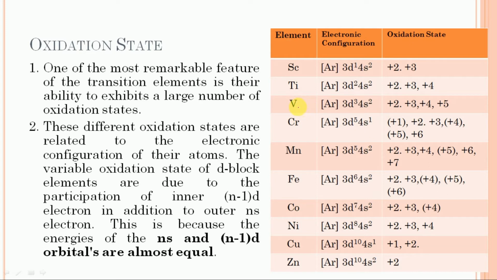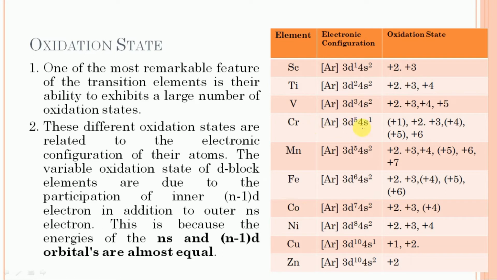The oxidation state depends upon the participation of the electrons. If only 2 electrons from the 4s2 orbital take part, then it will have +2 oxidation state, and if in addition to this the 3d electrons also take part, then it has +3, +4 and +5 oxidation states.